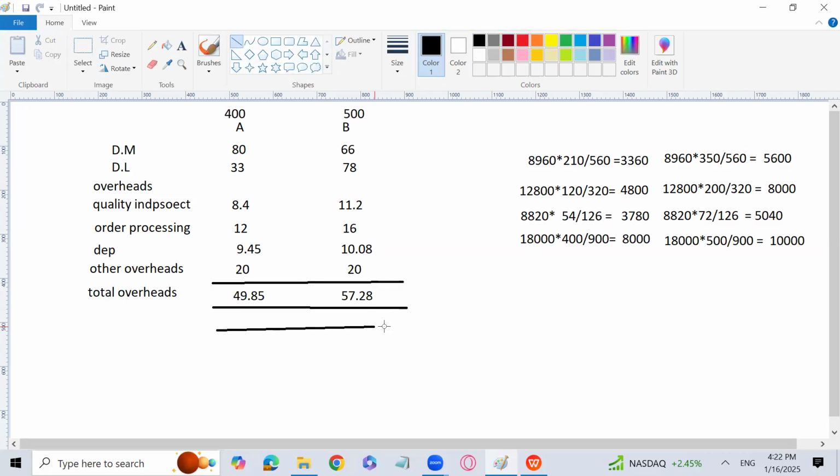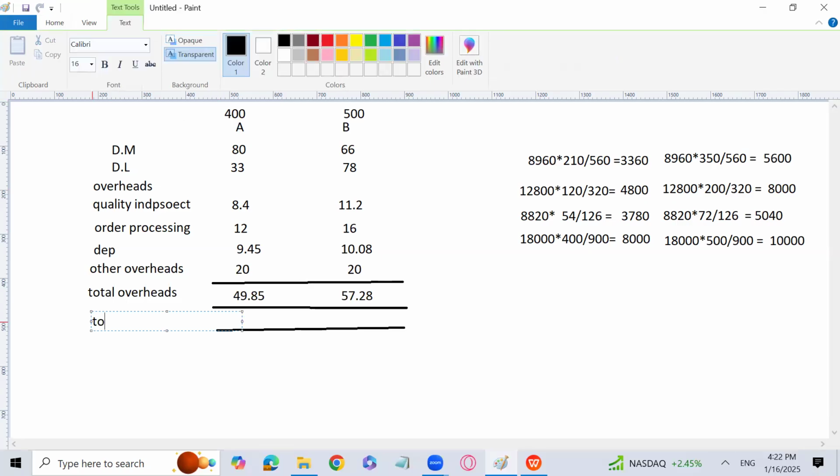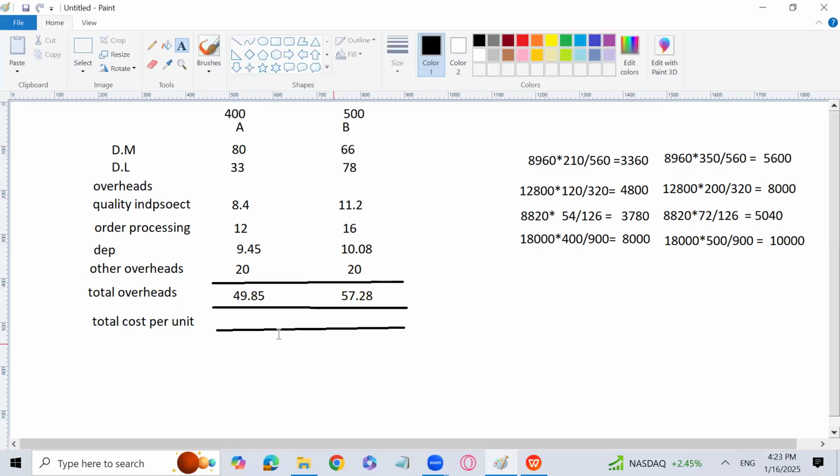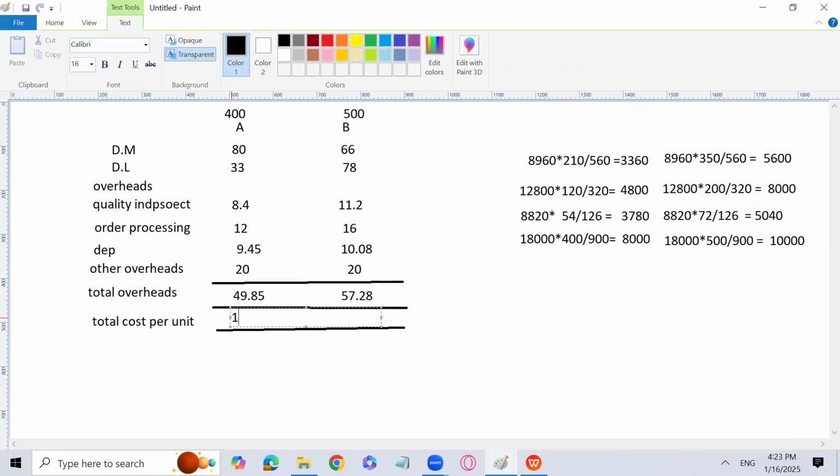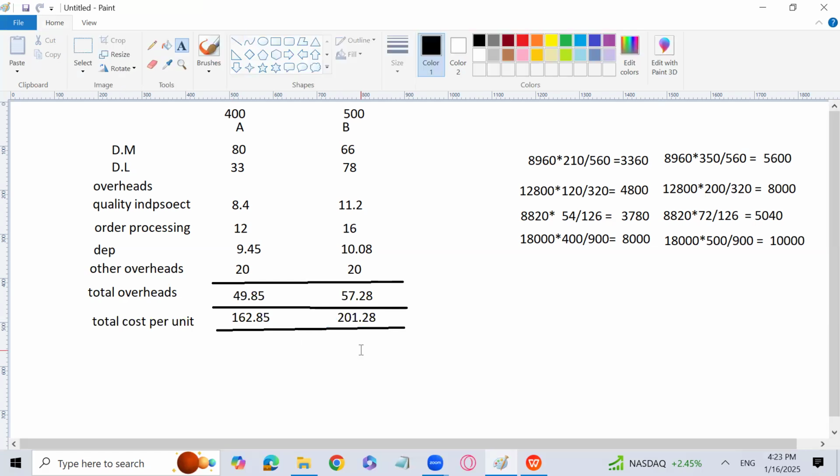Why am I calculating the overhead cost per unit first? Because sometimes the examiner asks us to find the overhead cost per unit under ABC or any method, and that's why it is better to find it. 49.85 plus 33 plus 80 is 162.85, and 57.28 plus 78 is 201.28. So this is going to be the total cost.